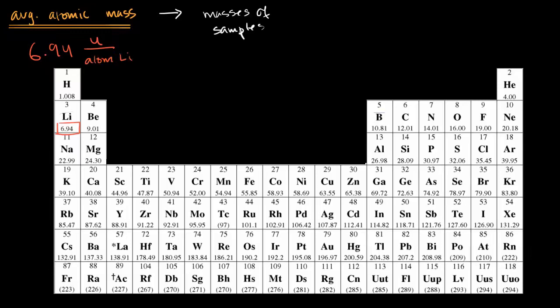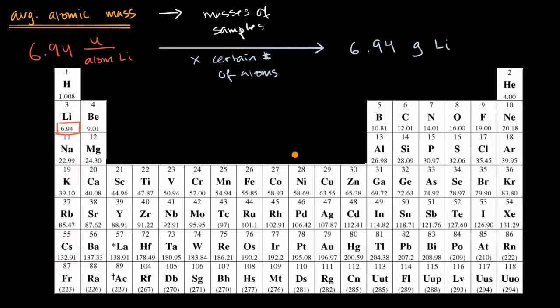What if there were a certain number of atoms of lithium such that if I have that number of atoms, then I will actually end up with 6.94 grams of lithium? And this number of atoms is 6.022140076 times 10 to the 23rd power.